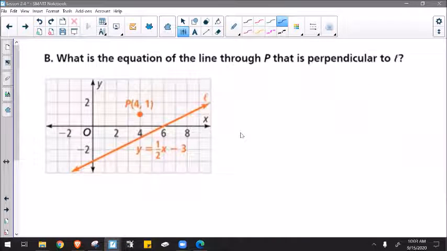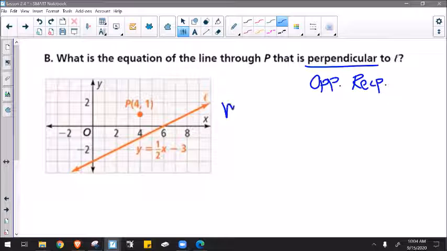All right. What is the equation of line through P that is perpendicular to L? All right. So perpendicular, we need to use that opposite reciprocal slope. So we know the slope of line L. The slope of line L, again, is 1/2.